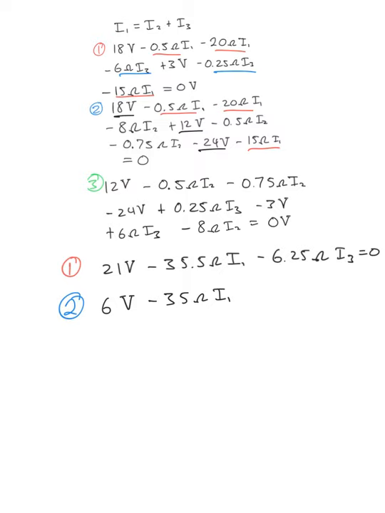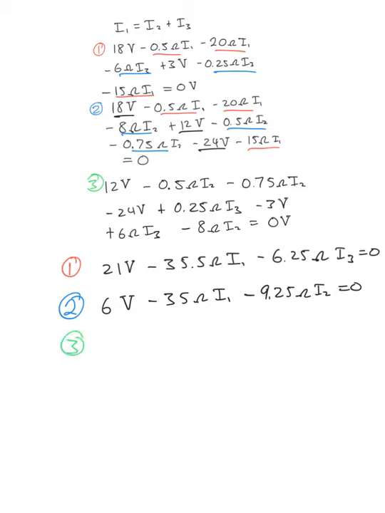And we have I2 terms adding up to 9.25 ohms multiplied by I2. And that also equals 0.